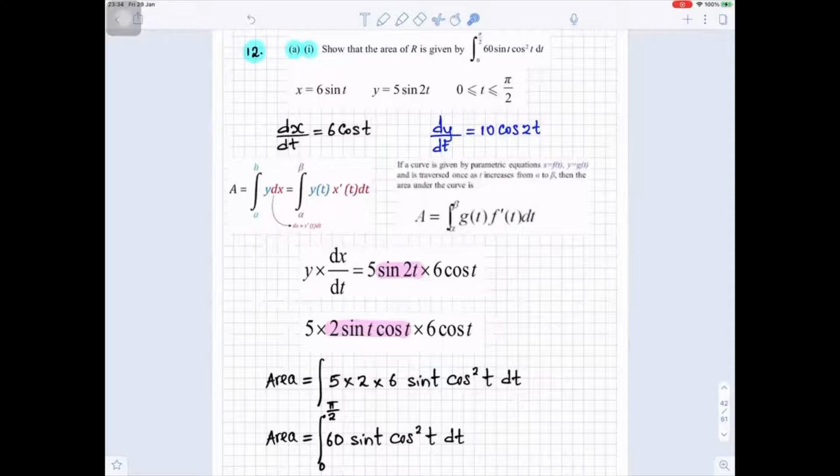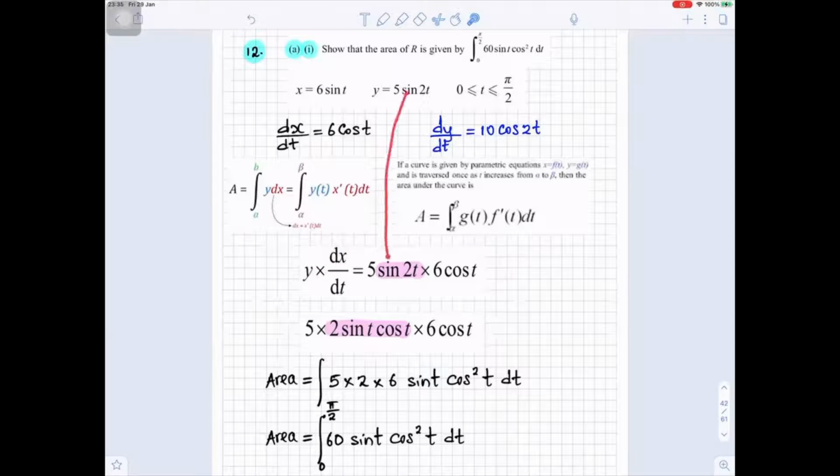It's the integral of y of t times dx over dt. So you integrate the function y of t times the differential of x. So we will have y times dx over dt.